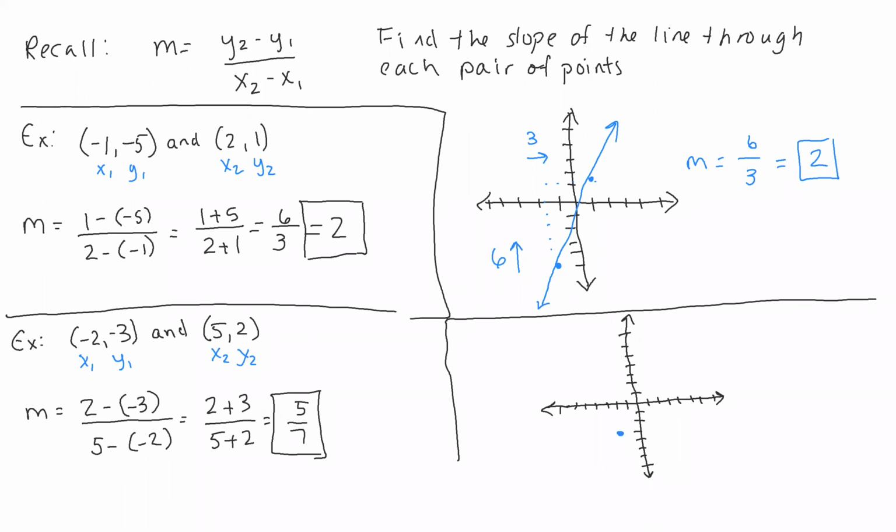And then back to the origin, I'm going to go to the right 5, up 2. So here's my line. And you can see to get from one point to the next, I had to go up 1, 2, 3, 4, 5. And then I had to go to the right 1, 2, 3, 4, 5, 6, 7. So again, my rise was up 5, my run was to the right 7.